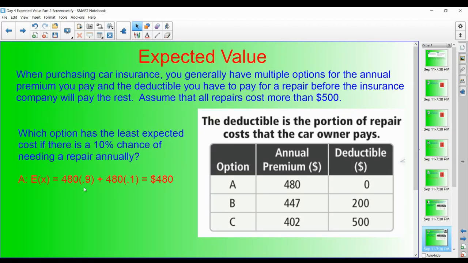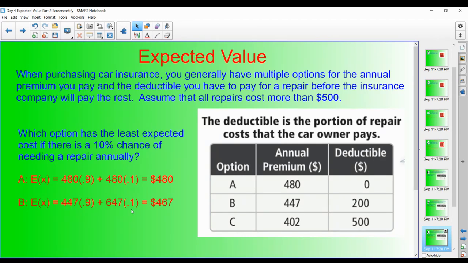So 90% of the time for option A, you're just paying the $480, and 10% of the time you're also just paying the $480 because you don't have a deductible. No matter what happens, you pay $480. Now, option B, 90% of the time you're just paying the $447, your annual premium.